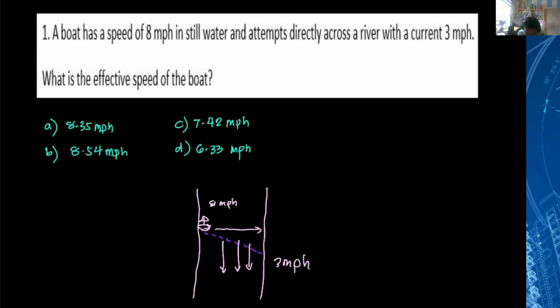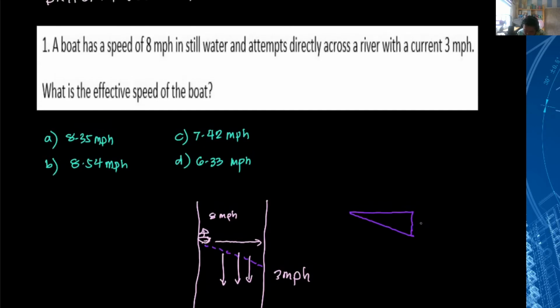We can see that this is the hypotenuse of a triangle, and this hypotenuse is what the problem is looking for: the effective speed of the boat. This side is 3 mph and this is 8 mph.